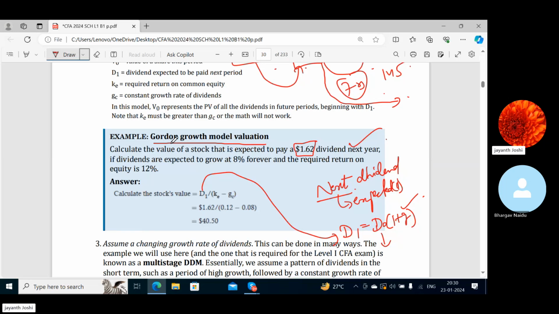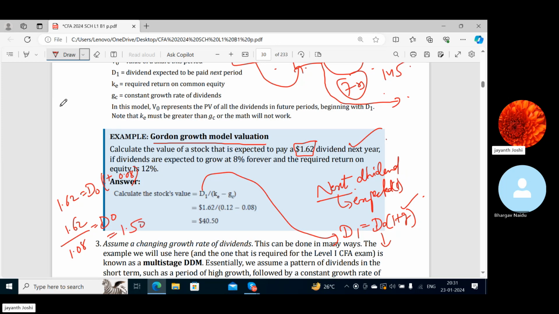So if someone asks you to find out the present value of that dividend, how will you do it? Very simple. We will take the future dividend 1.62, and D naught into 1 plus growth factor, where the growth factor is 0.08. So 1.62 divided by 1.08 is going to give you the present dividend, which is 1.50.